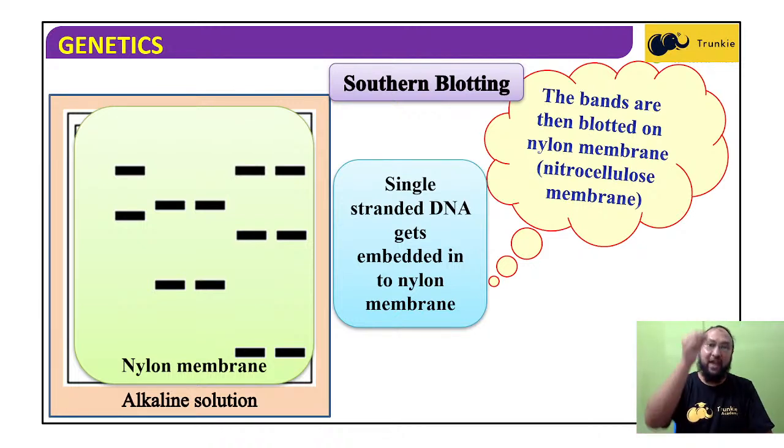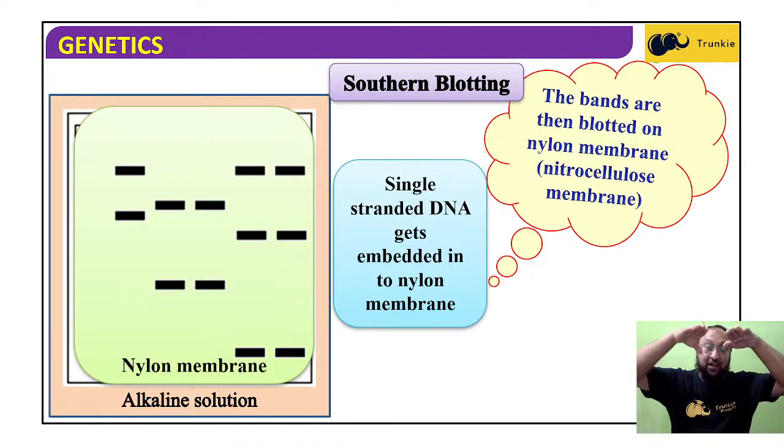The fragments of the DNA which have formed the bands in the agarose gel during gel electrophoresis will be embedded to the nylon membrane when we place it on the agarose gel.